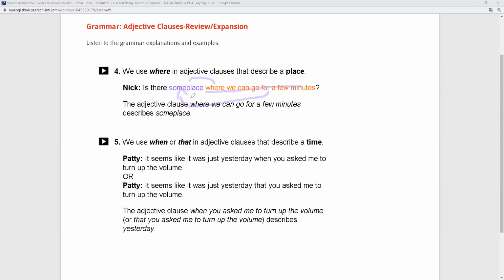That is talking about the place, even if I don't know it, but I could give a short review, right? That it is a place, okay? So if I'm going to talk about a place, my relative pronoun is where, okay? Super. All right, and let's continue with number 5.